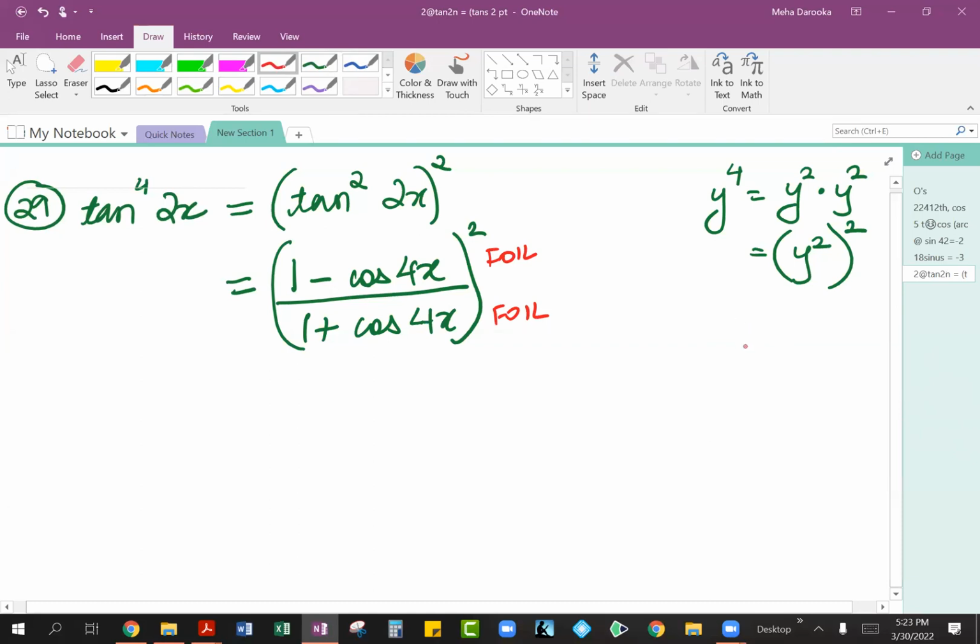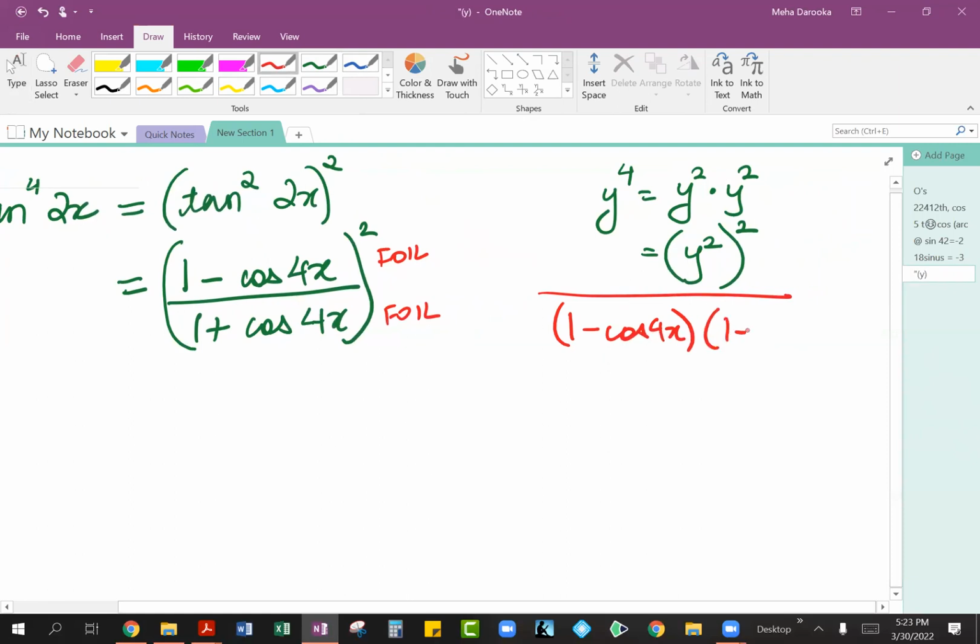So in this case, let's do it on the side. So you have 1 minus cosine of 4x being multiplied into itself. So that will be 1 times 1.